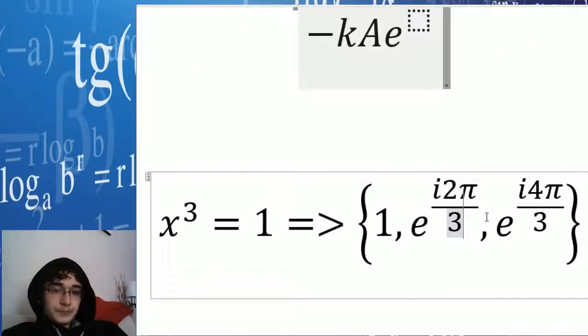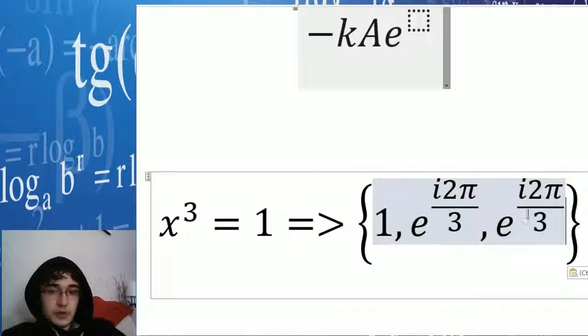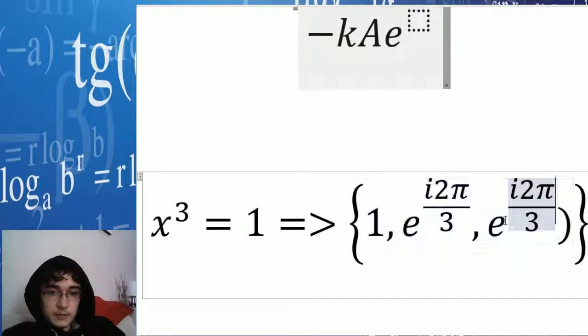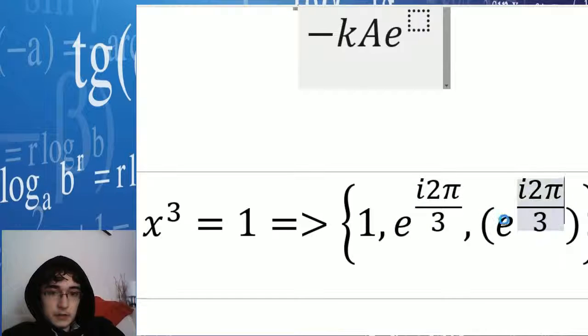You can find that this one is actually this one but squared, which is an interesting property, isn't it?